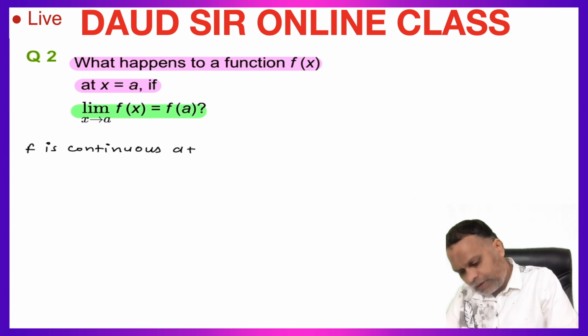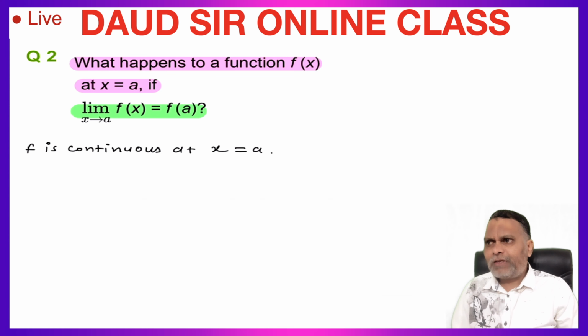If this condition is given, limit x tends to a, f of x is equal to f of a, then we can say f is continuous at x is equal to a.